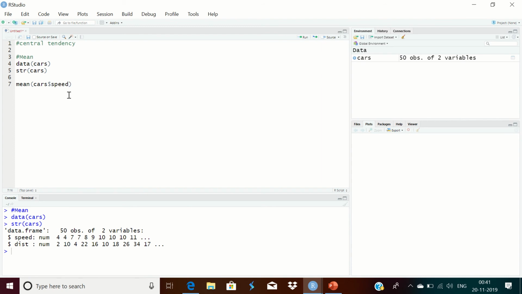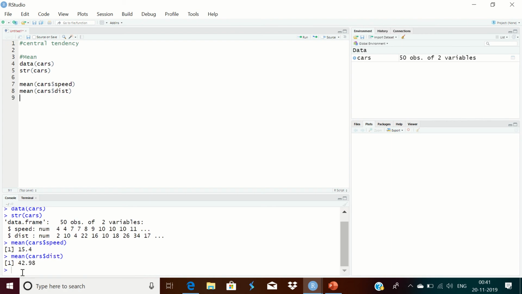So the mean for the speed of the car would be 15.4, and the mean for the distance traveled by the people in the car would be 42.98, right? So this is as simple as it can get of calculating mean. And now let's see how we can actually visualize the same.